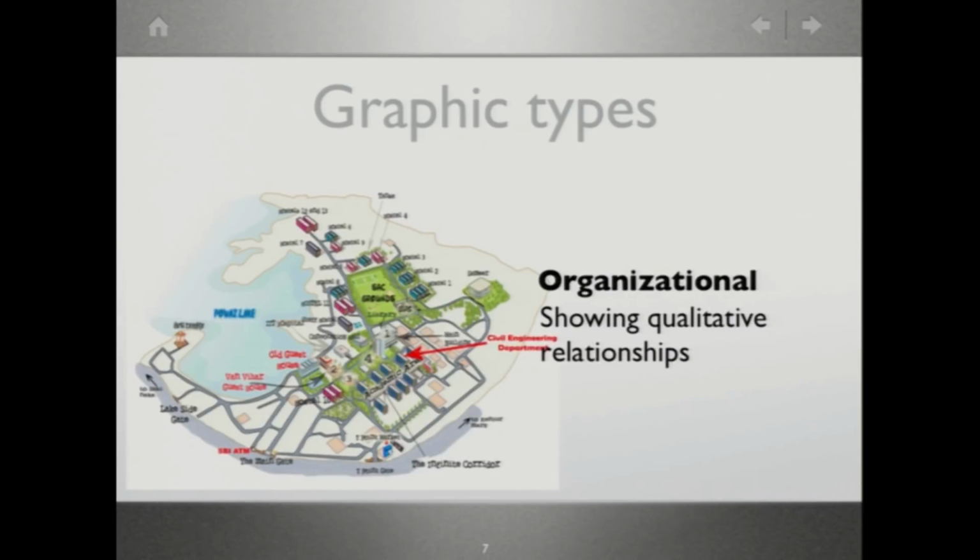There are some other graphics which are called organizational graphics. A map is a very good example. What it tells us is a qualitative relation between two entities within that graphic. For example, how far place A is from place B can be easily told by looking at the map. Barring a few constraints like whether it is to scale or not, at least on a qualitative level you can easily say that this is far away and this is nearby.